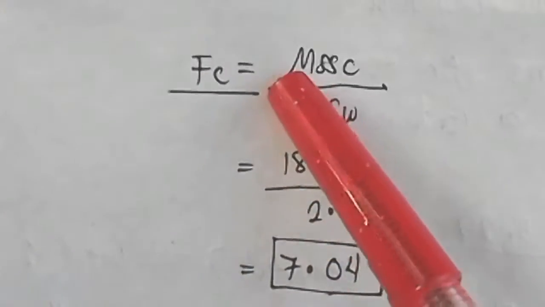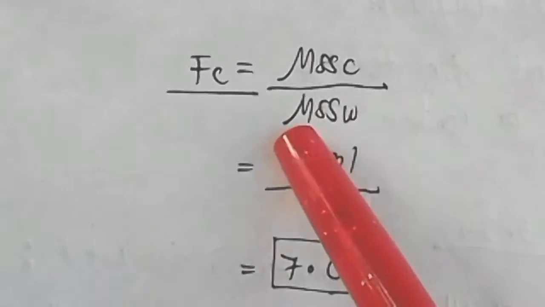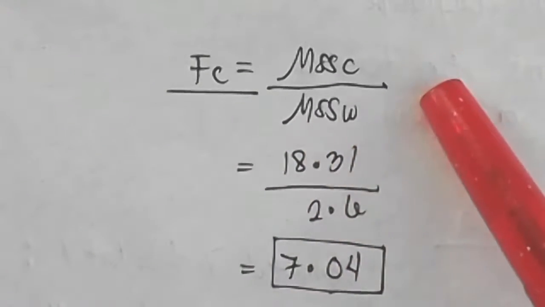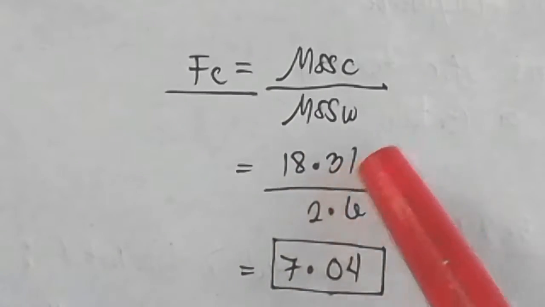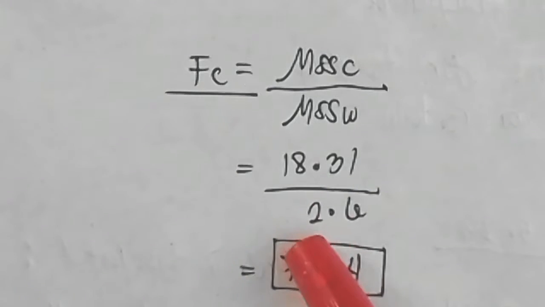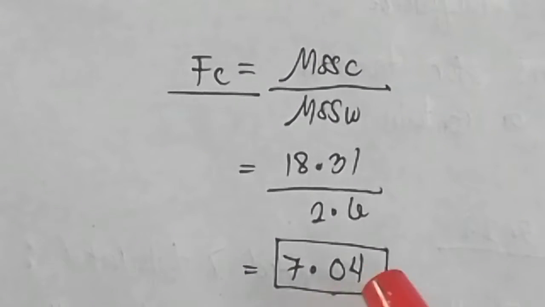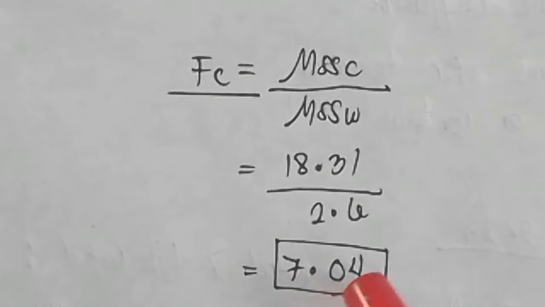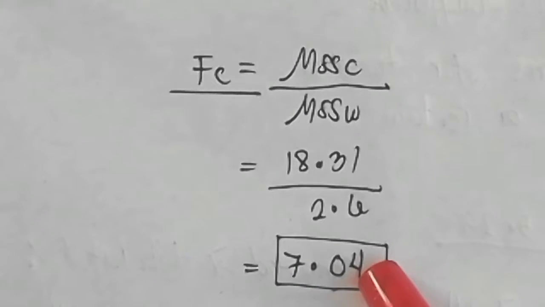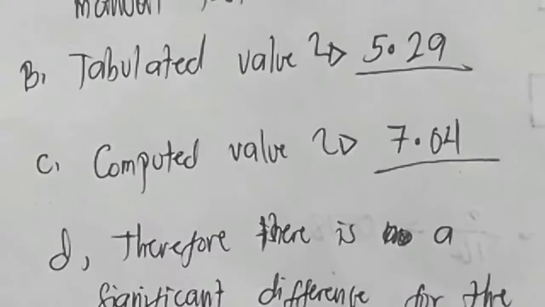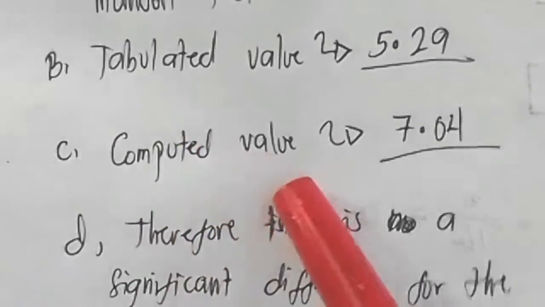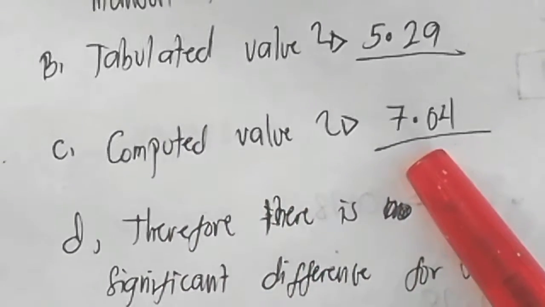Then solving for F sub c equals MSS sub c divided by the MSS sub w equals 18.31 divided by 2.6, the answer is 7.04. 7.04 is our computed value of F. So our computed value of F is 7.04.